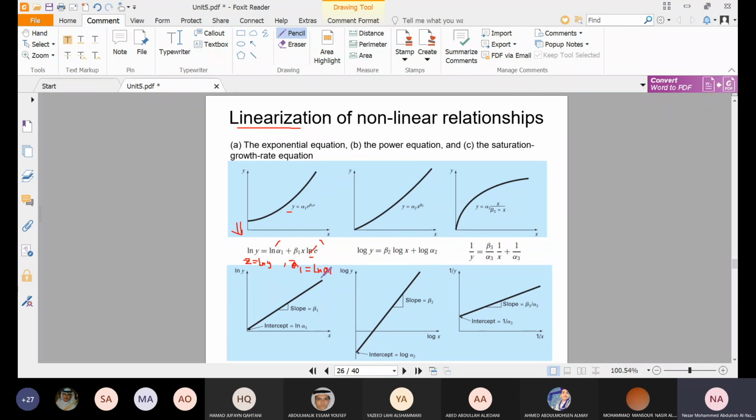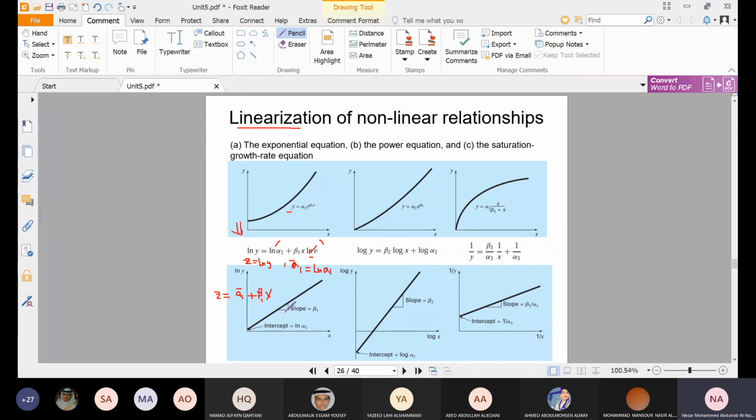As a result, I can now have a linear relation: z equals a1 bar plus beta 1 x. Now I have a linear relation between the inputs and the outputs.